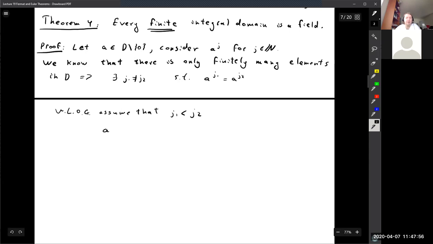We have that A to the J1 equals A to the J1 multiplied by A to the J2 minus J1, right?